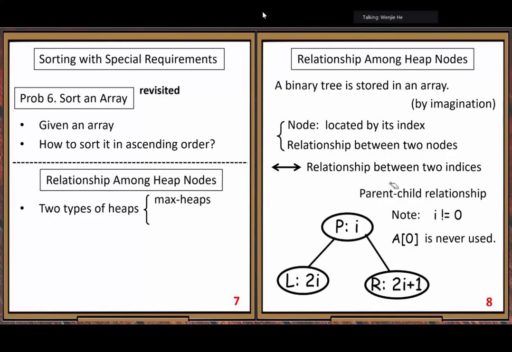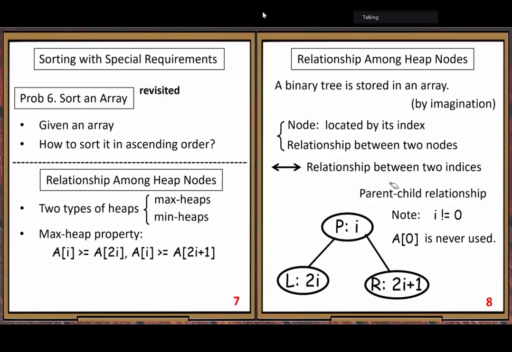Now we're here: relation among the heap nodes, max heap and min heap. A max heap should follow the max heap property. What's that property? A of i, the value of the parent node, should be greater than or equal to the value of its left child node, and also greater than or equal to the value of its right child node.